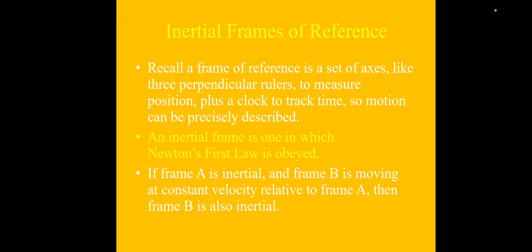If frame A is inertial and frame B is moving at constant velocity relative to frame A, then frame B is also inertial. Keep in mind that the moving frame B moves with a constant velocity. Okay, then both are inertial frames.